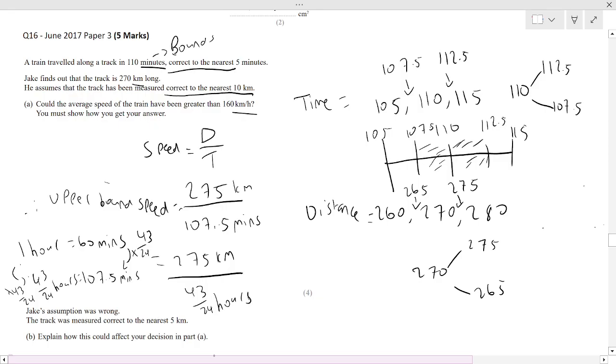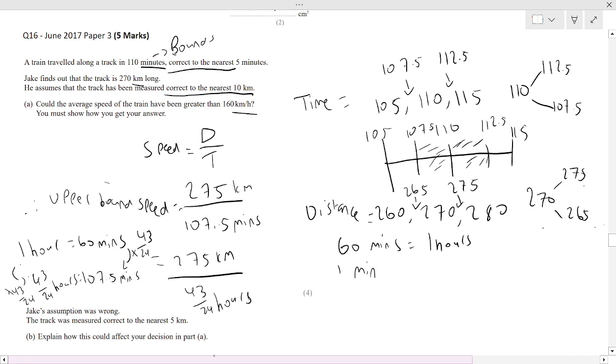Alternatively, if that didn't make most sense, let me make some more room here. I'll rewrite it here: 270, 275, 265. Alternatively, you could say that 60 minutes is 1 hour. Then you could say 1 minute is 1 over 60th of an hour, right? Then you can simply scale to 107.5 by multiplying by 107.5.